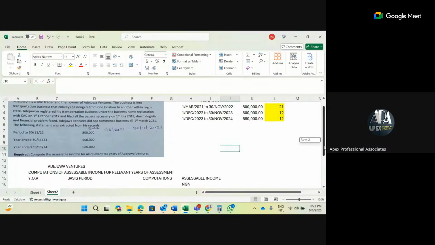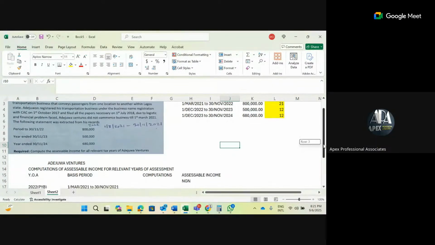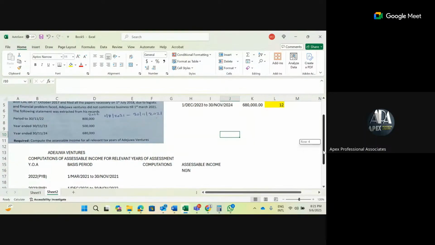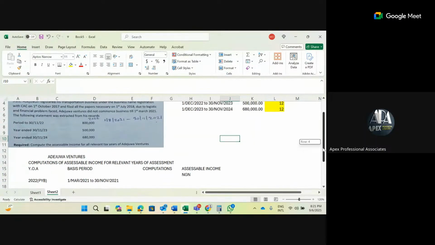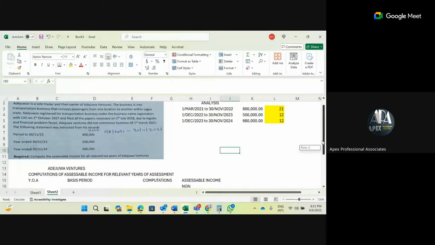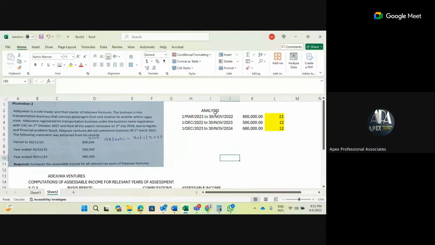If you make a mistake in the numerator and denominator, the answer will not be right, so you have to be careful. The first profit that they gave to us from this analysis is just rough workings. You don't need to show it, but I'm showing it so that you can have a proper understanding of what I'm doing.